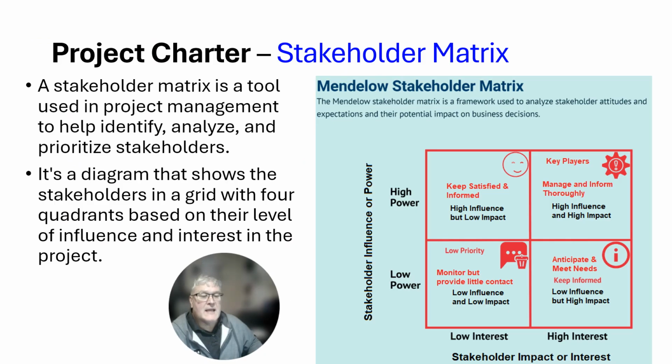Here we see an example of a stakeholder matrix developed by Mendelow. As you can see, there are two axes. The y-axis is the power ranking, so that would be the stakeholder influence or power that they have regarding the project. And on the x-axis, we have the stakeholder impact or interest in the project. If you have a stakeholder that you identify as being high power and high interest, you definitely want to manage your information thoroughly and consider it before dispensing your information.